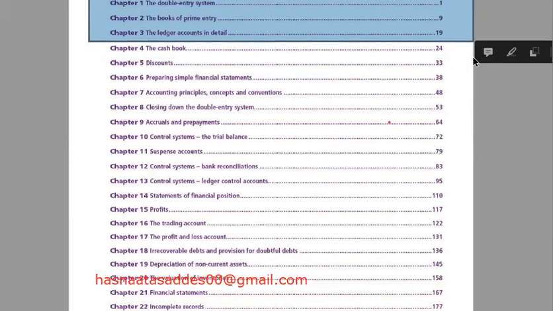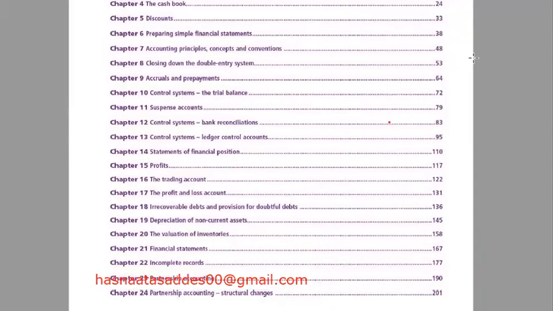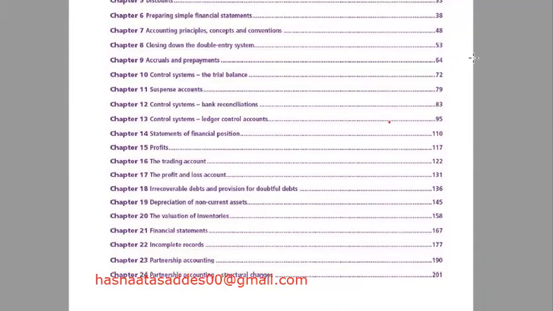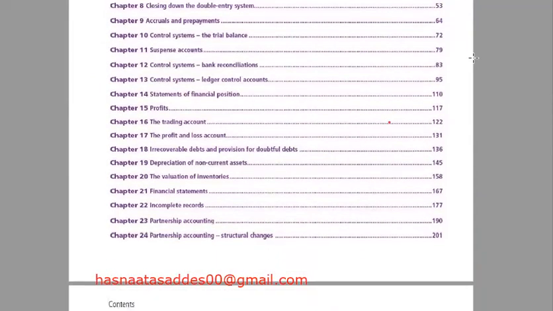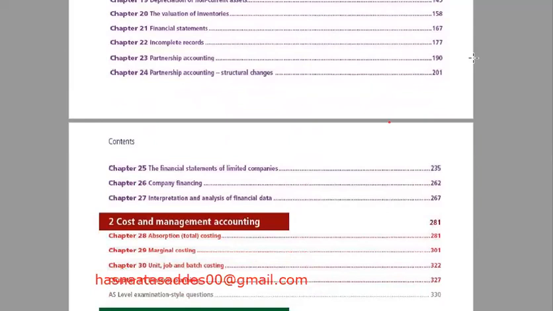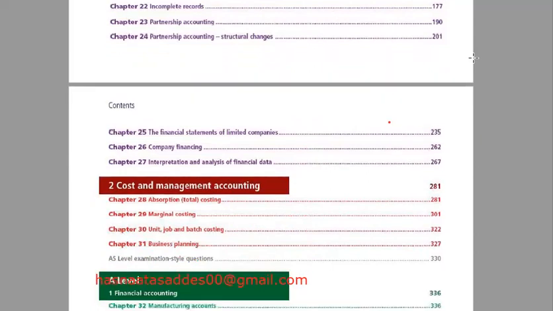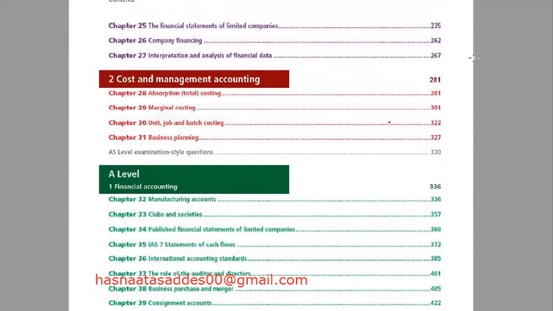Then cash book, discounts and different things. Then accruals, next topic according to those notes. The syllabus we have already seen. Inventory levels and all things have been covered in a very proper manner here. And these are the absorption, marginal and business planning and unit batch costing. So it's a very good book and I would request you must go through it.